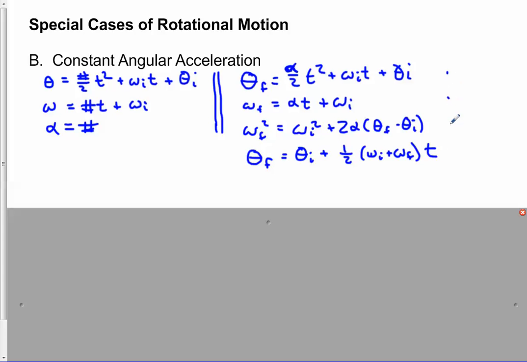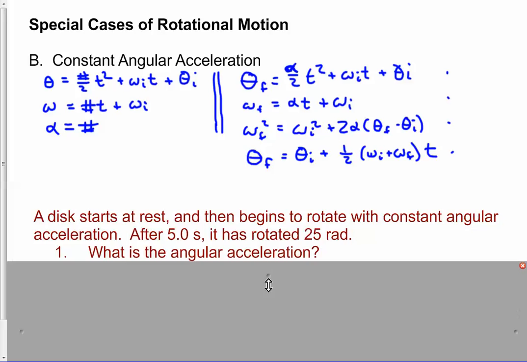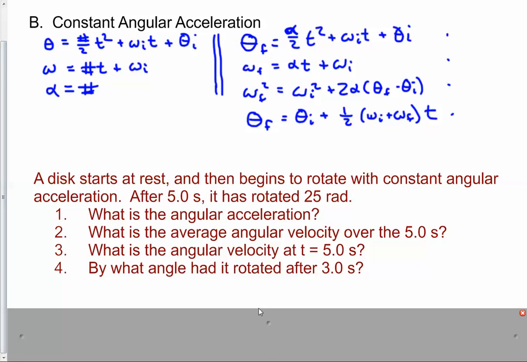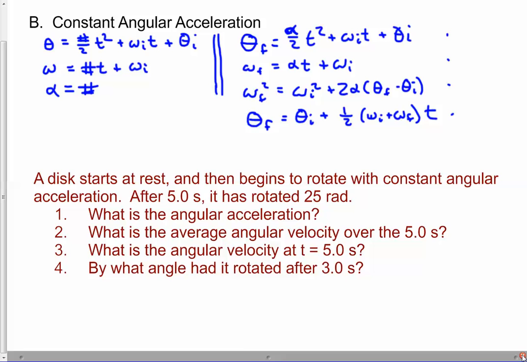So there are our 4 convenience formulas for constant angular acceleration motion. All right, let's give it a try. We won't be using all 4 of these, but you just get a flavor for how these look.